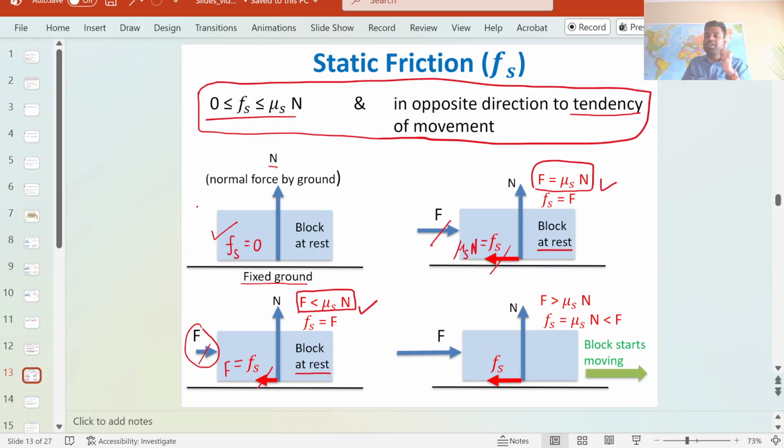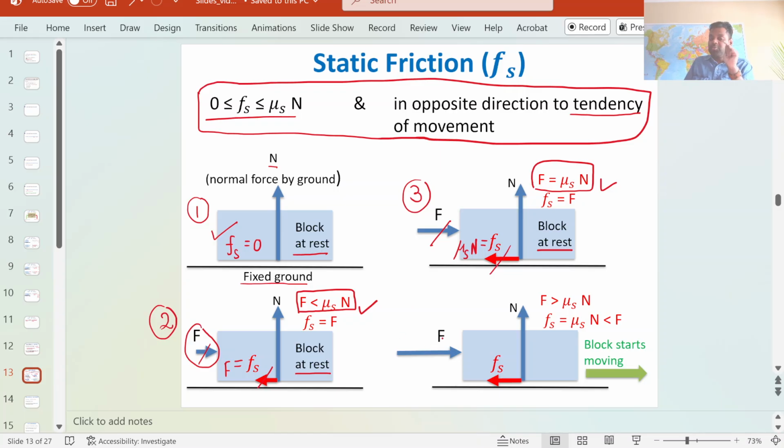And in all 3 cases, 1, 2 and 3, the static friction is there, but it is a different value in all 3 cases. And in all 3 cases, the result is the block is at rest.